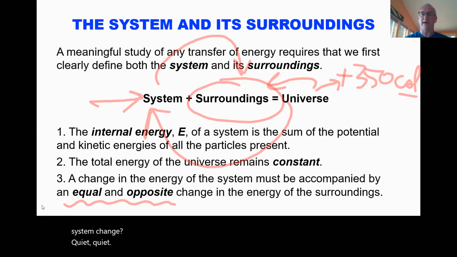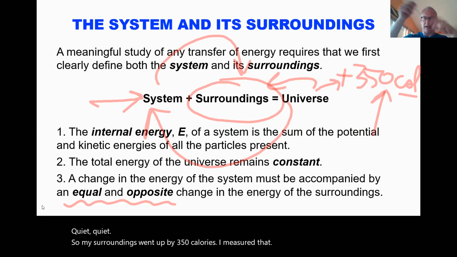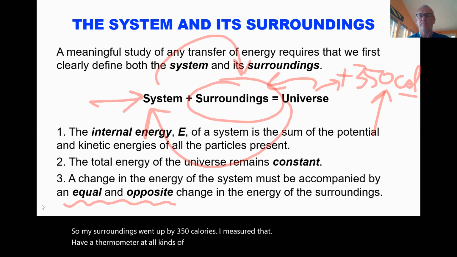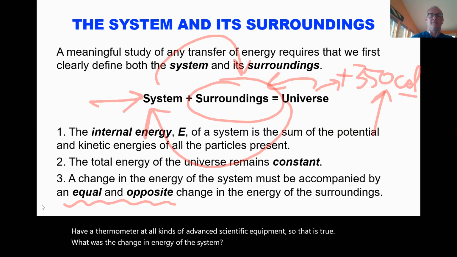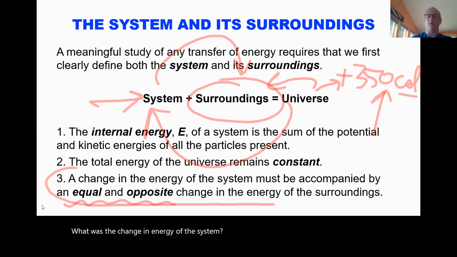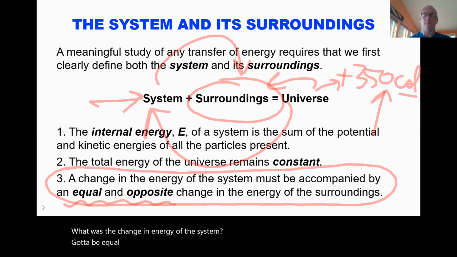So my surroundings went up by 350 calories. I measured that. I have a thermometer and all kinds of advanced scientific equipment. So if that is true, what was the change in energy of the system? Got to be equal and opposite.